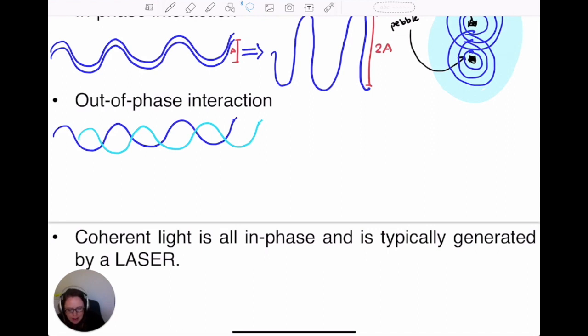The same thing happens where our amplitudes add, but now we have a positive A, and then a negative A in the opposite direction. So when two waves that are completely out of phase add together, we just get a flat line. Those two waves cancel.